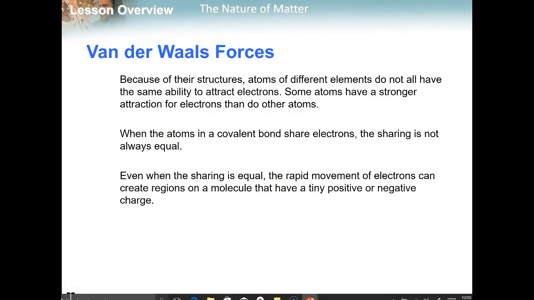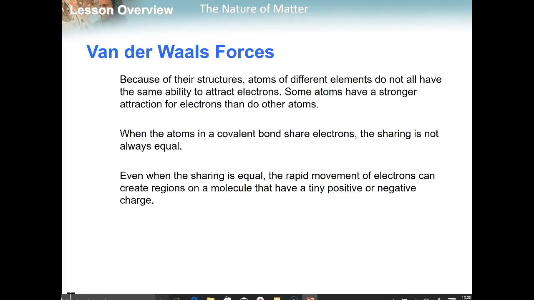We have other types of attractions that you need to be familiar with. They're not necessarily electron attractions, but they're intermolecular forces, and that means in between molecules. One of those is called van der Waals forces. These are where molecules form a temporary weak bond between other molecules.